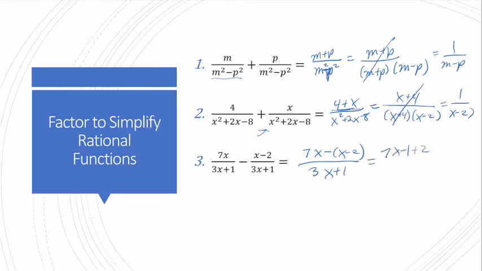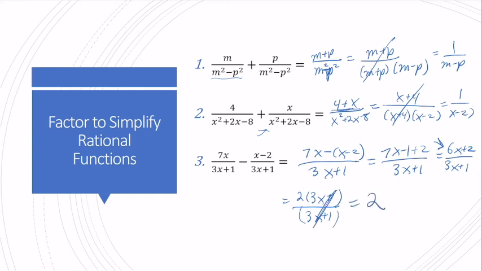That gives me 7x minus x plus 2 over 3x plus 1, which equals 6x plus 2. I can go ahead and pull out a factor of 2 in my numerator. So I have 2 times (3x plus 1) over 3x plus 1. Well, those 3x plus 1s are going to cancel, and I'm just left with 2.